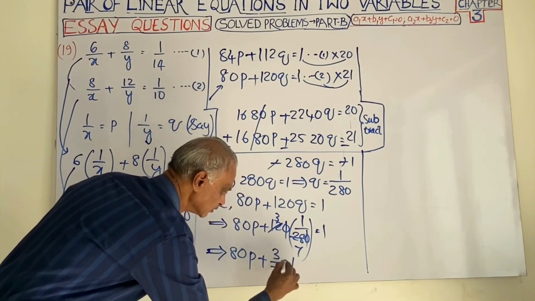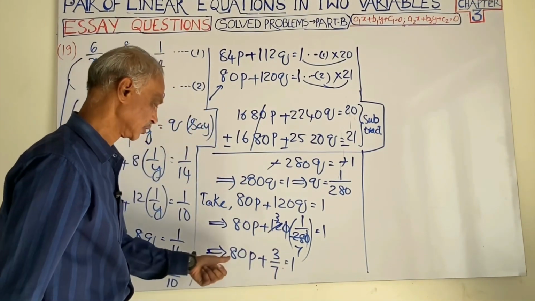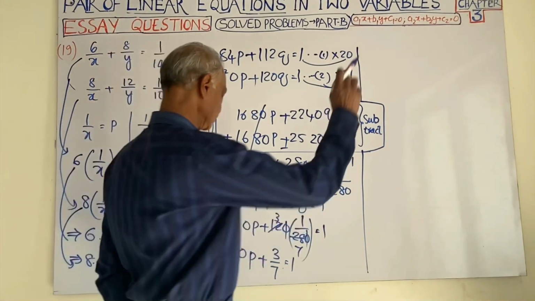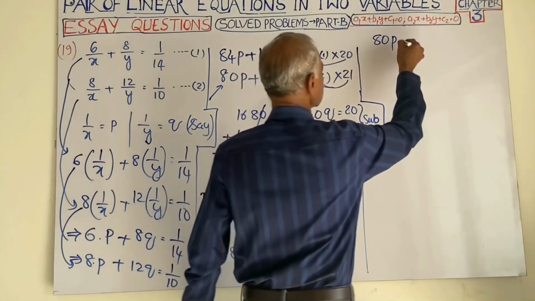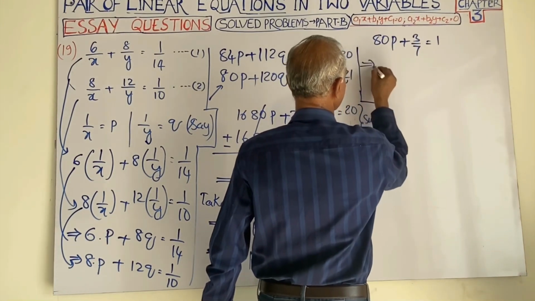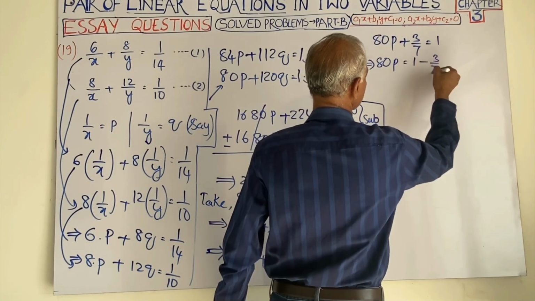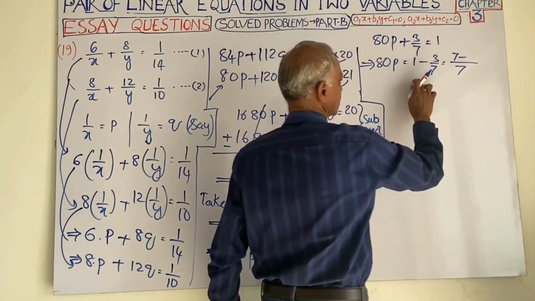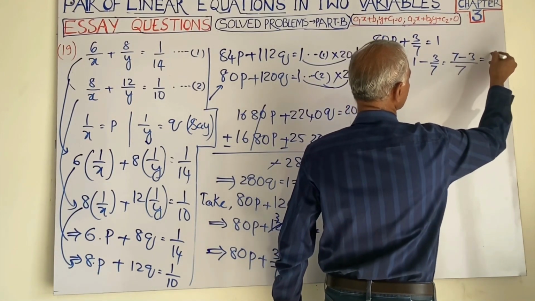We have got 80p plus 3 by 7 is equal to 1. Now you take 80p plus 3 by 7 is equal to 1, implies 80p is equal to 1 minus 3 by 7. 7 ones are 7 minus 3, you will have 4 by 7.